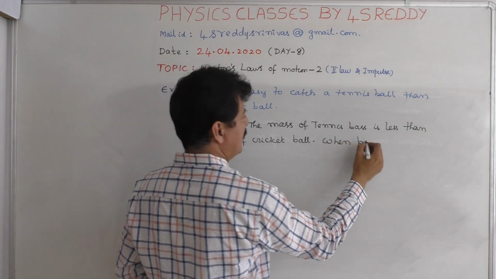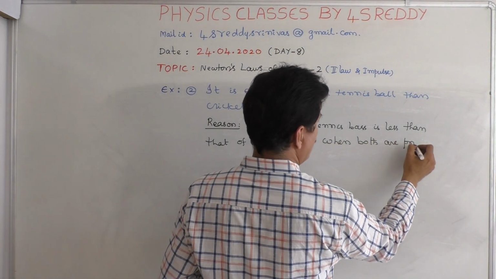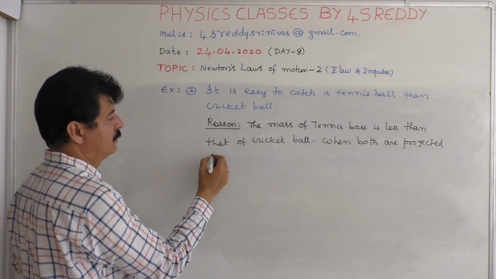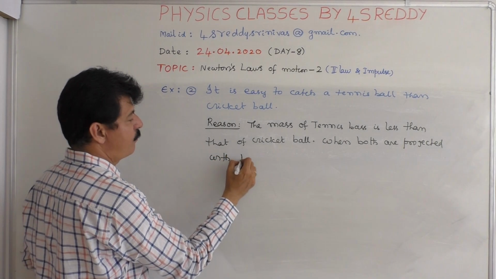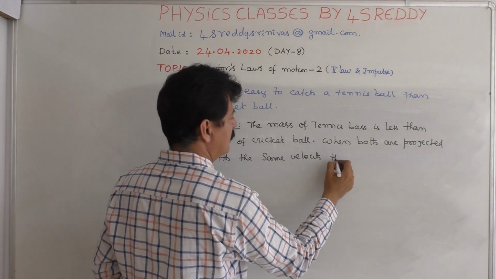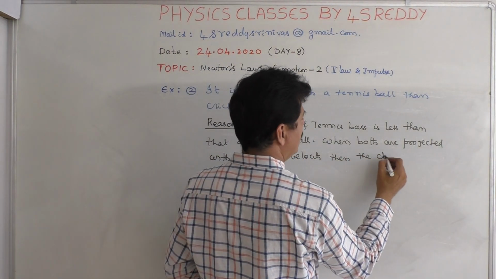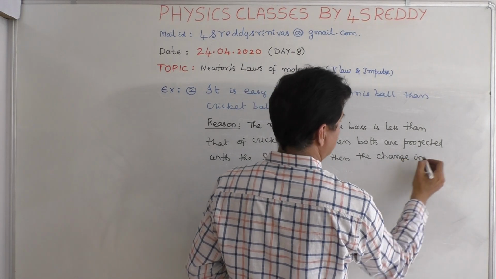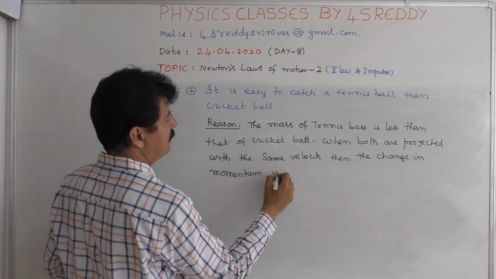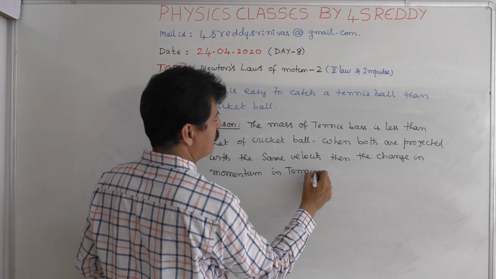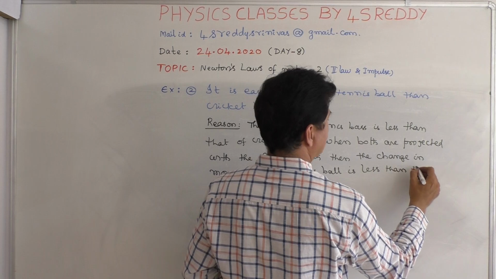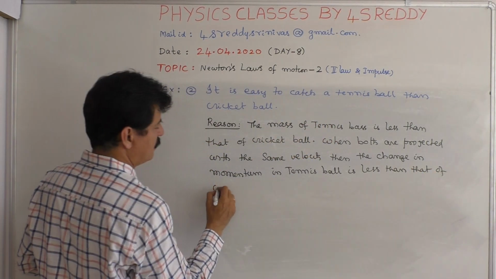When both are projected with the same velocity, then the change in momentum in the tennis ball is less than that of the cricket ball.